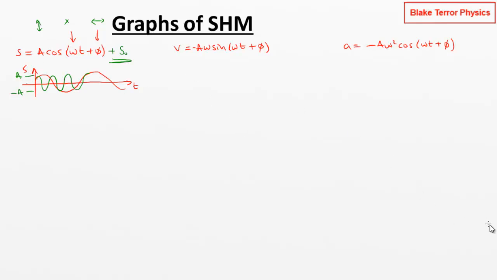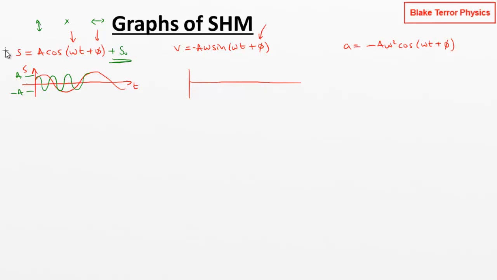And the other graphs are pretty similar, really, because we're doing exactly the same things going on here. For the velocity, it's going to look much the same, except we're now drawing a sine graph rather than a cos graph, because we're taking the gradient of all of this. So we've got an additional shift in phase, on top of our actual phase shift, the phi.